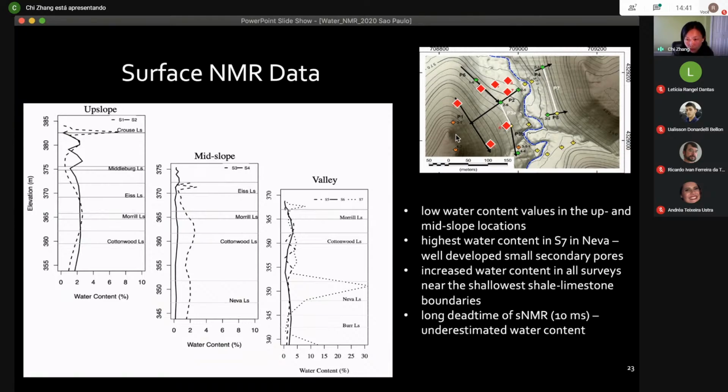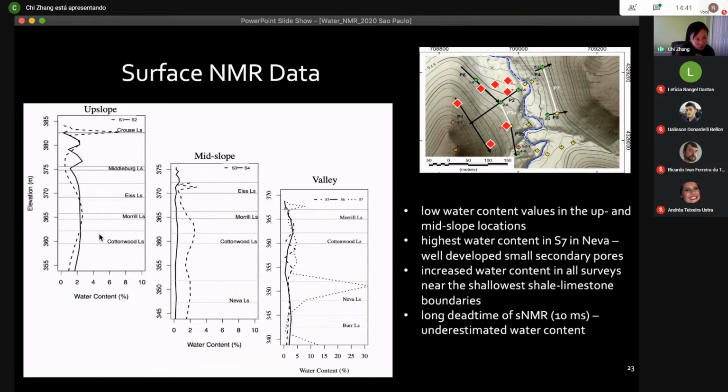We see low water content values in the upslope and mid-slope locations, and we also observe the highest water content in this S7 data, in the Neva limestone formation, which is well below our target formation. We also see increased water content near the shallowest limestone-shale boundaries.